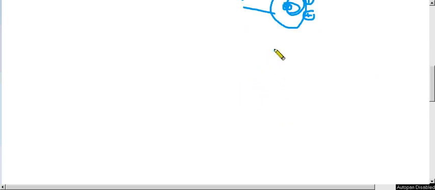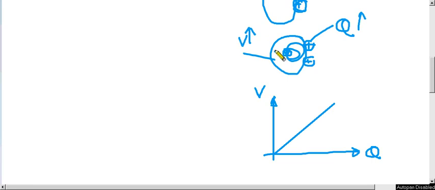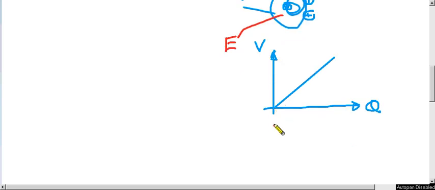So the graph is like this. Q increases, at the same time voltage also increases. So we have to find the final energy, the final electric potential energy.